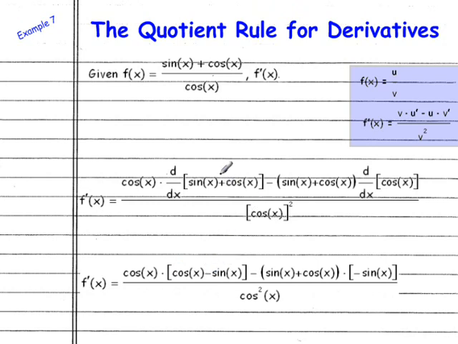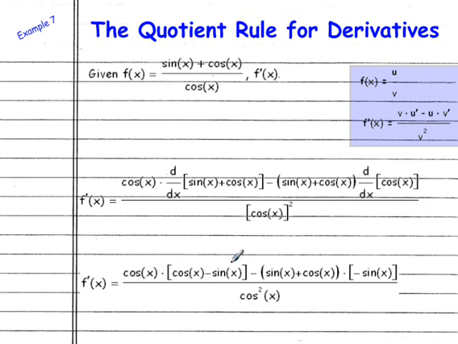So in this next step, what I've done is I've taken the derivative of this sum. Of course, that means we take the derivative of the sine of x, which is cosine x, and then we take the derivative of cosine x, which is negative sine x, and that's the reason this turned into a minus sign from a plus sign. But it's also important to remember that this result is going to be multiplied with the cosine of x.